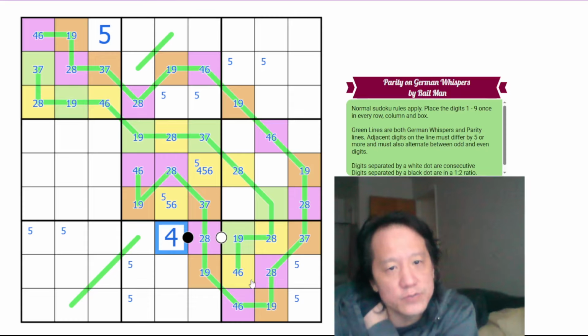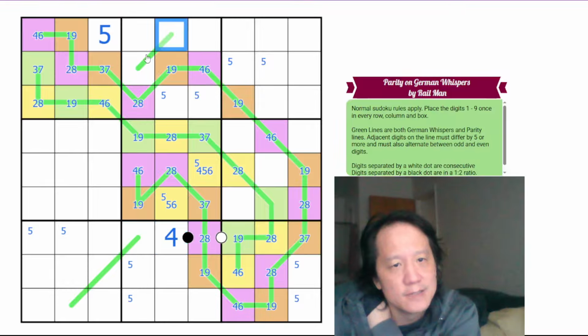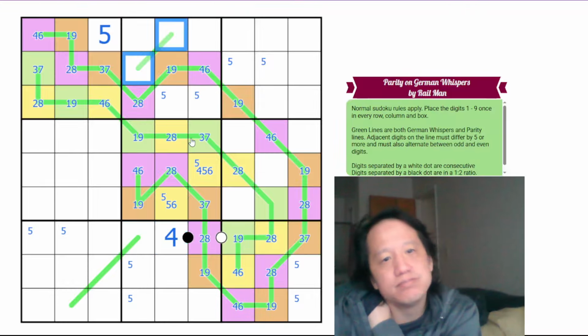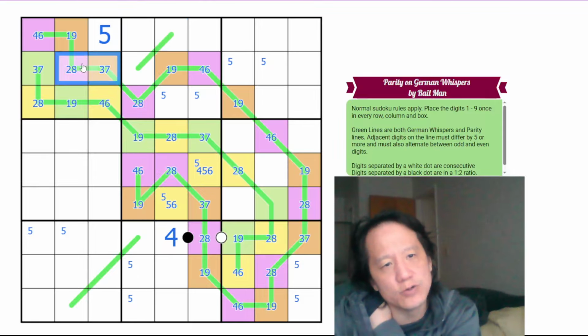Okay, what else do we know? This cannot be the pink and the orange because we only have 2 pinks and 2 oranges in each box.